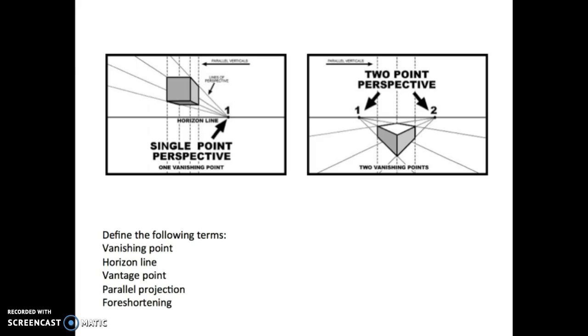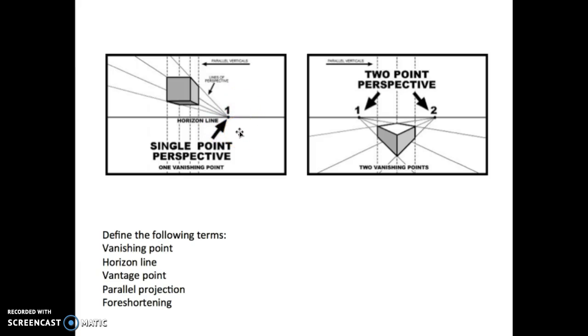In one-point linear perspective, lines are drawn on the picture plane in such a way as to represent parallel lines receding to a single point on the viewer's horizon. And this single point is called the vanishing point. The vanishing point is positioned in relationship to the vantage point, or in many ways it's positioned in opposition to the vantage point.